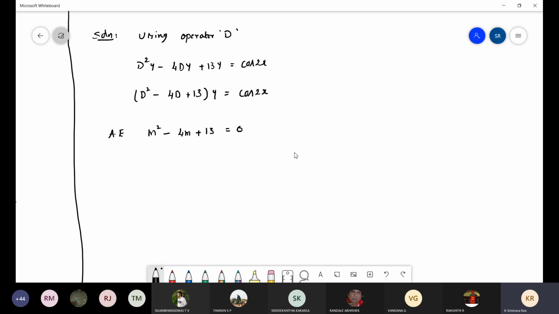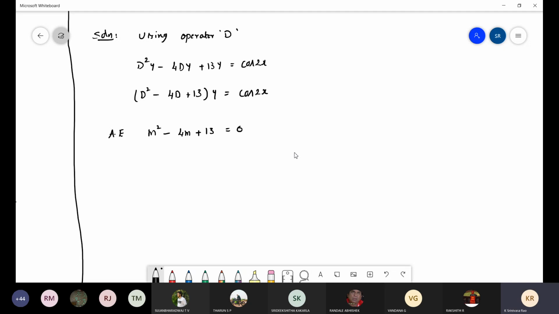Can we factor? Is there any factors? 13 is a prime number, is it right?